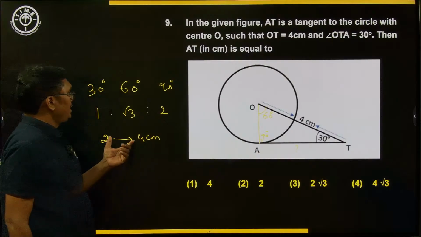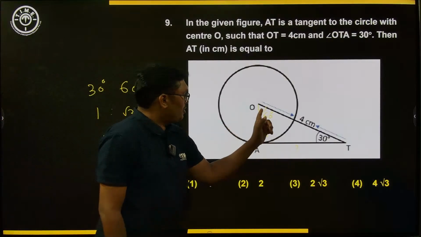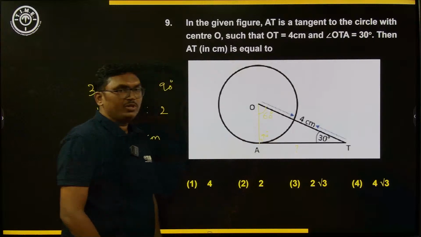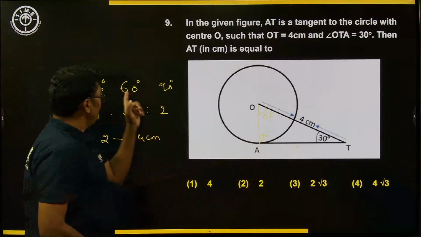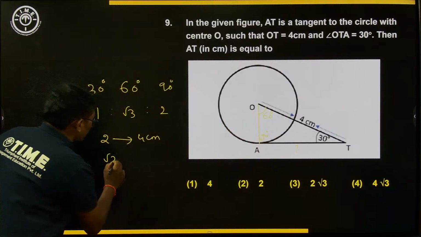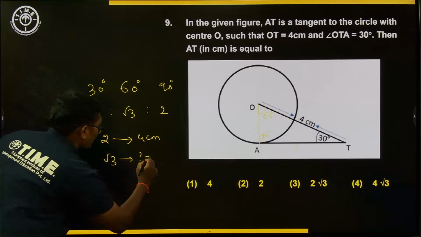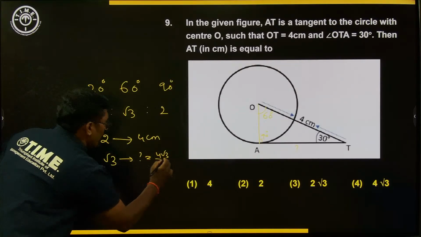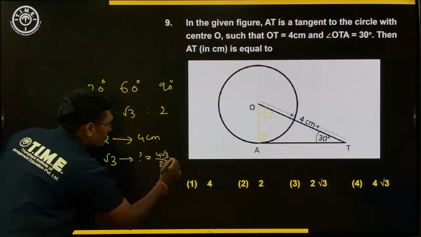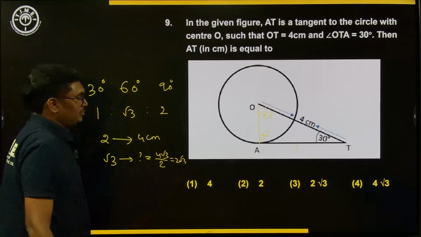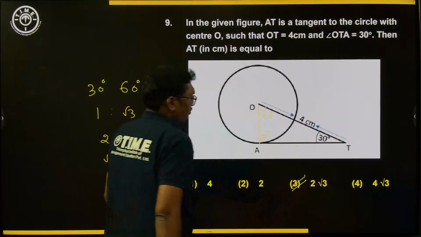What you have to find is AT, which is opposite to 60, that is root 3 parts. So if you cross multiply, 4 root 3 by 2, that is 2 root 3. So choice 3.